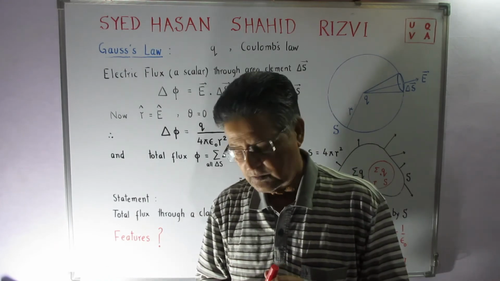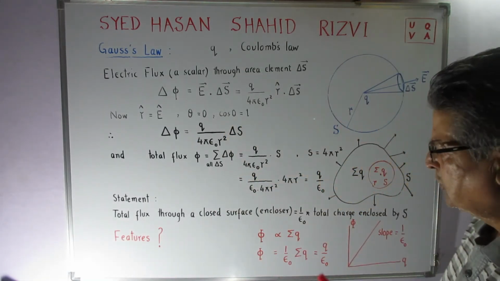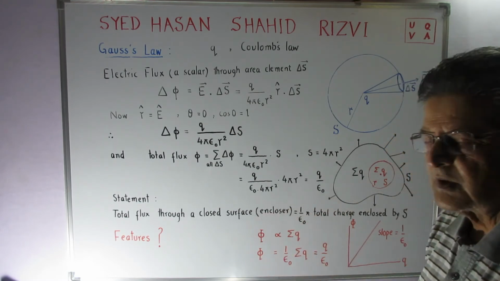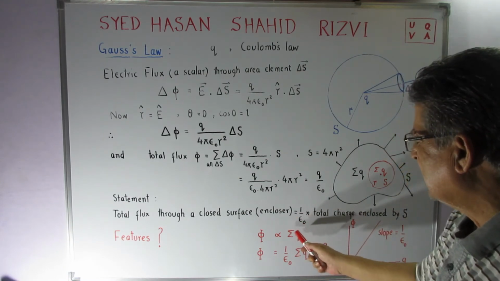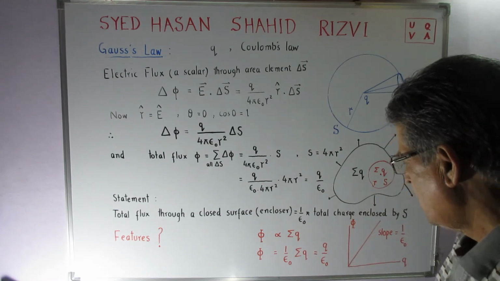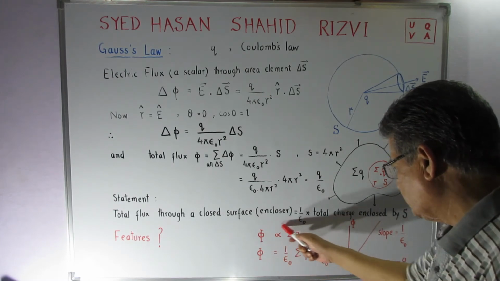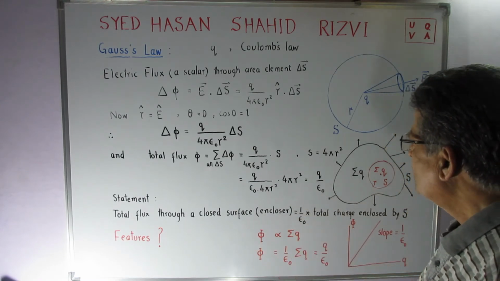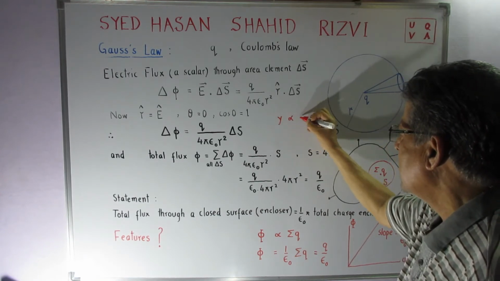You understand that? So friends, I can say now, in our perspective, that the total flux out is proportional to sigma q, which finally I have taken as equal to some q value. Because there is a direct proportionality, this is a system comprising two variables. y is proportional to x.